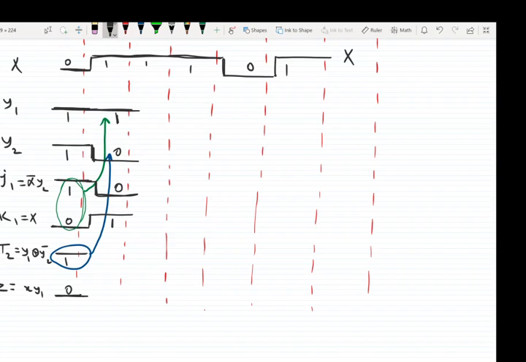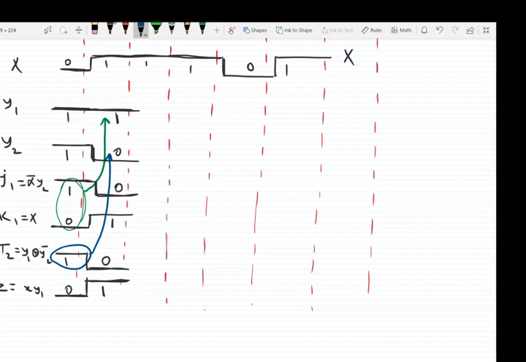What about T2? T2 is Y1 XOR Y2 bar, which of course is 0. And what about Z? Z is X Y1. X is 1, Y1 is 1, so Z changes to 1.